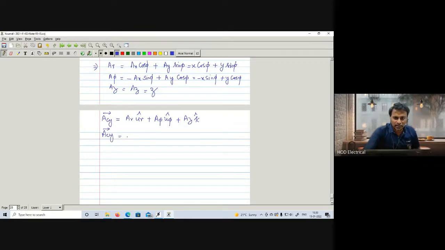AR is nothing but X into cos phi plus Y into sin phi into UR gap, plus minus X into sin phi plus Y into cos phi into U phi gap, plus Z into K gap. Yes, it is. So now let me do that.